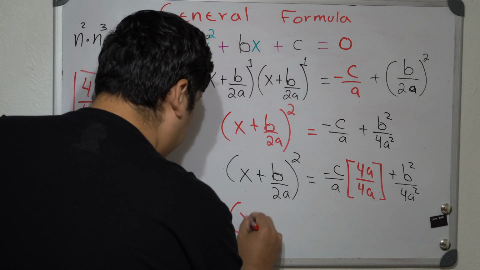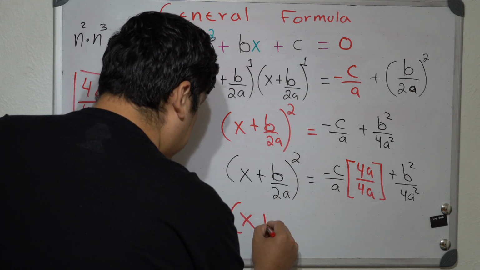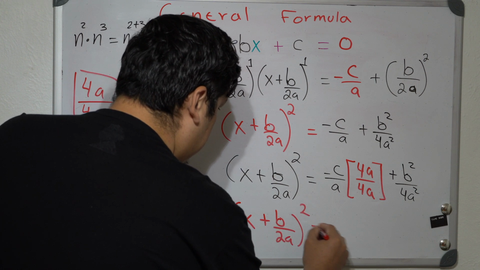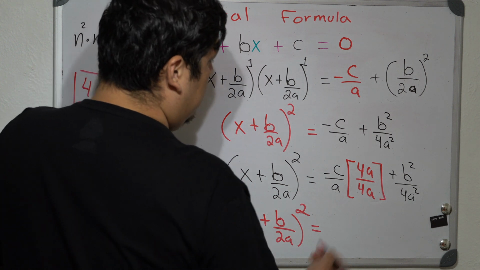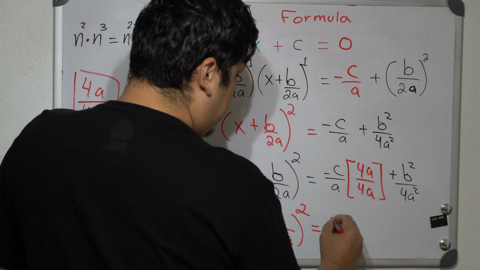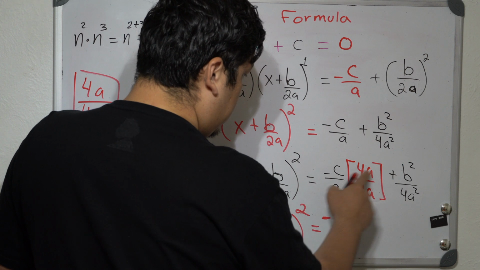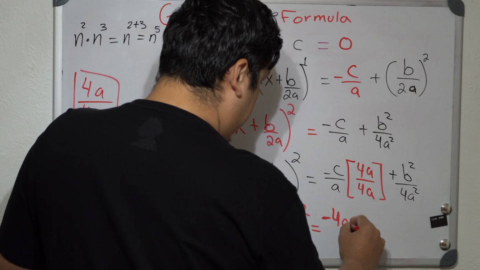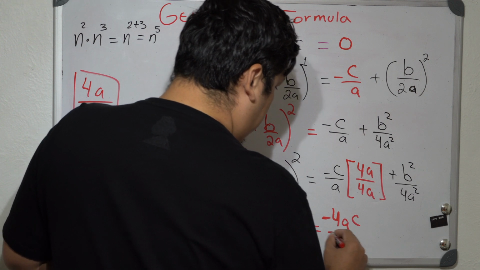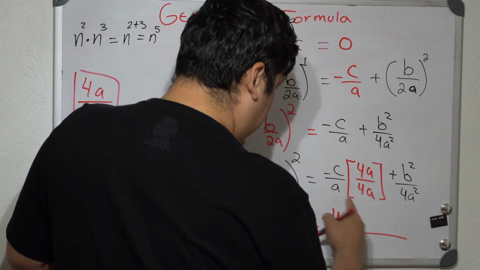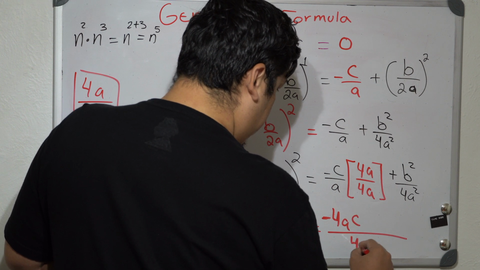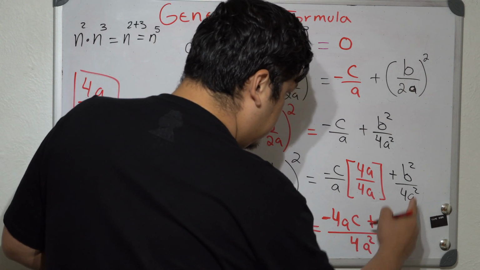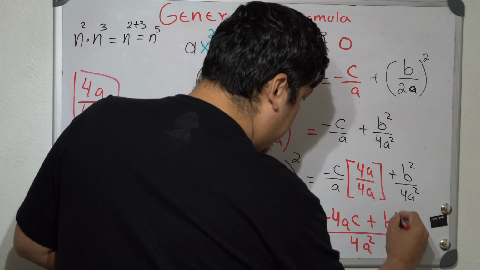Now the final product will be x plus b over 2a squared equal to, this is simply negative 4ac all over 4a squared plus b squared.